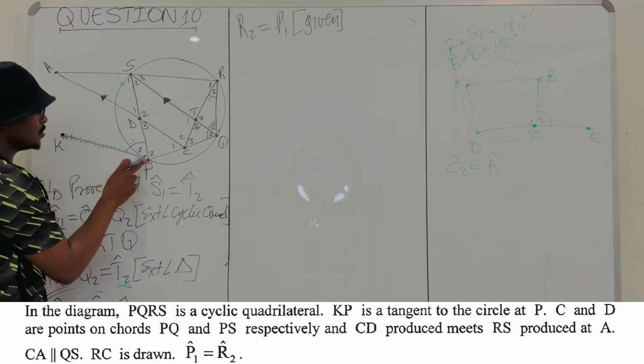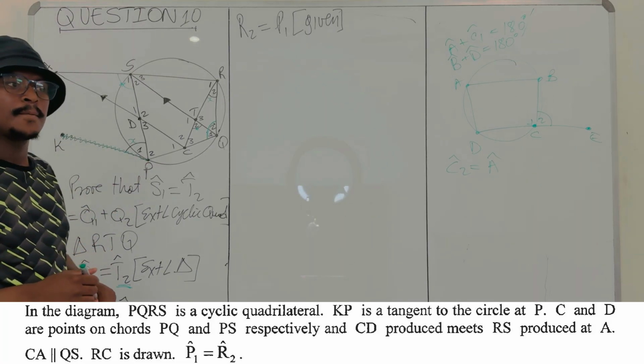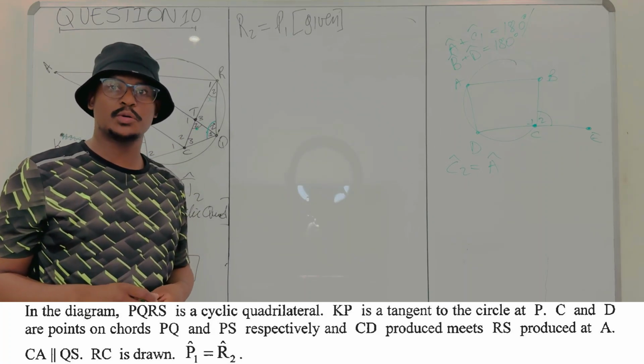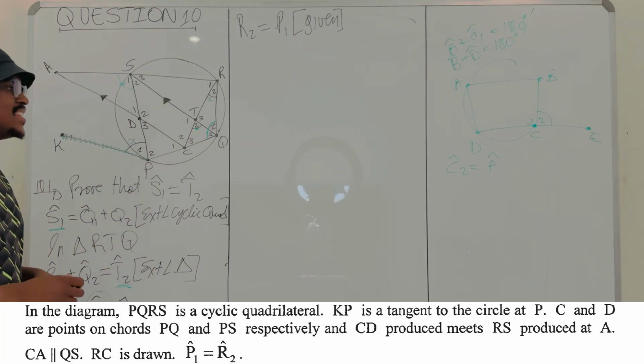KP is a tangent to the circle at point P, and if you watched one of my previous lessons, maybe the last ones when I was doing tangents, I did the Tan-Chord theorem.